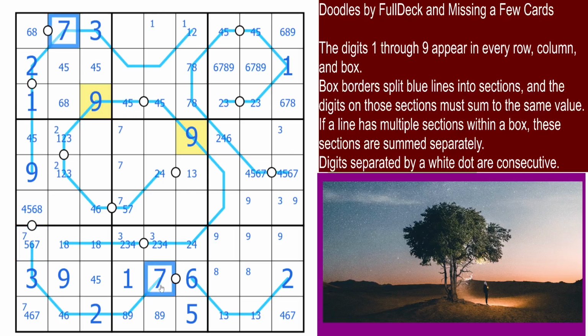I think 7 is the key, or what is the key now? 6 7 8 1 2. That's 1 2 3 4, isn't it? 5. What is happening? What am I not seeing? 7 gone in.